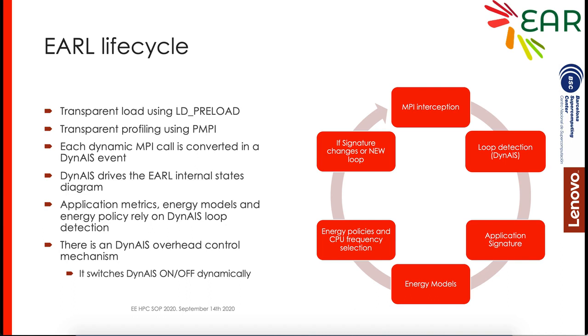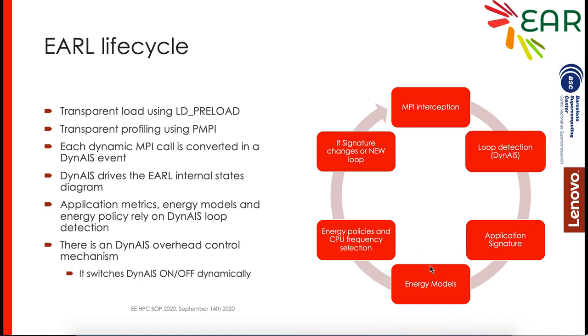We compute the application signature. The application signature is a kind of electronic signature of the application with a set of metrics that clearly characterize what the application is doing at that moment. So there is no need of input information from historic databases. There is no need for anything. It's totally on the fly. The application signature is part of the computation of the energy models.